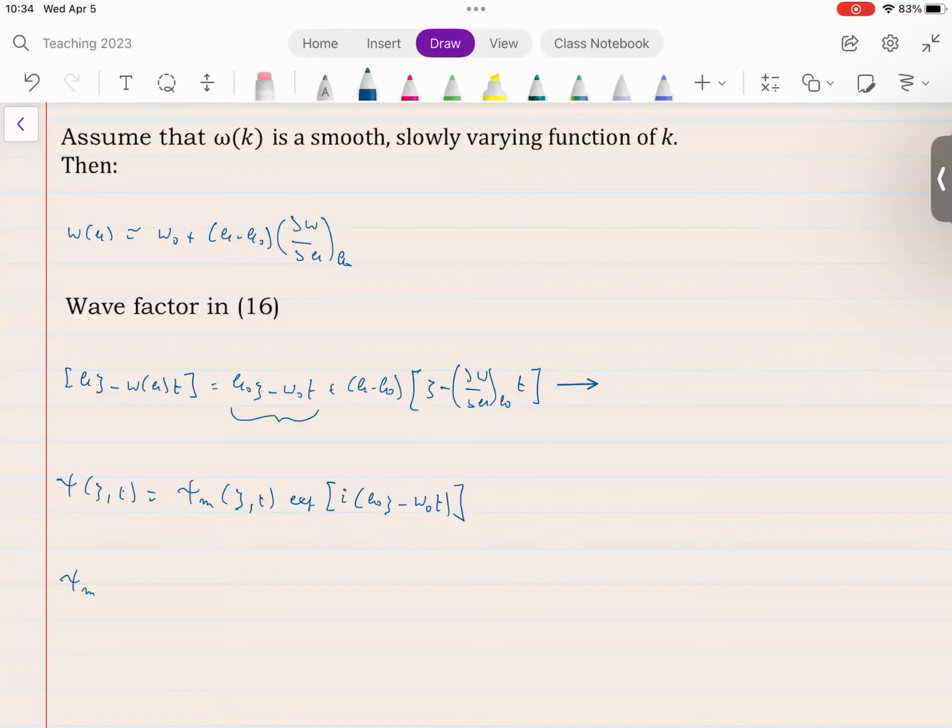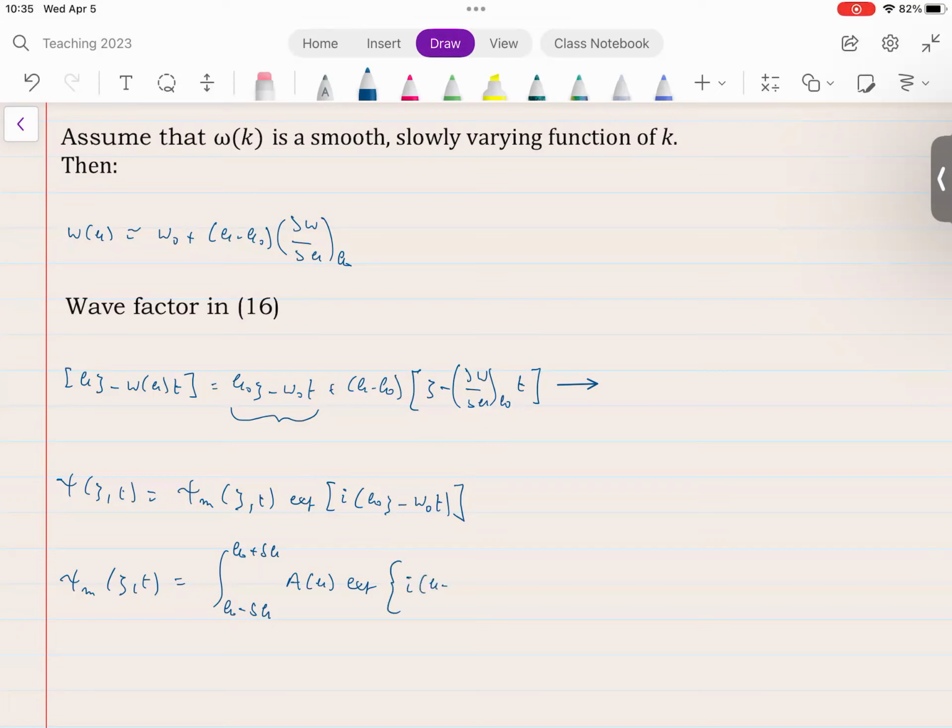All right. You may be starting to despair, but I know we're close to the conclusion. That's what gives me hope. Okay. This is the integral between k0 minus delta k and k0 plus delta k of A of k times the exponential of this mess up here. Let's see, I probably need a bigger bracket.